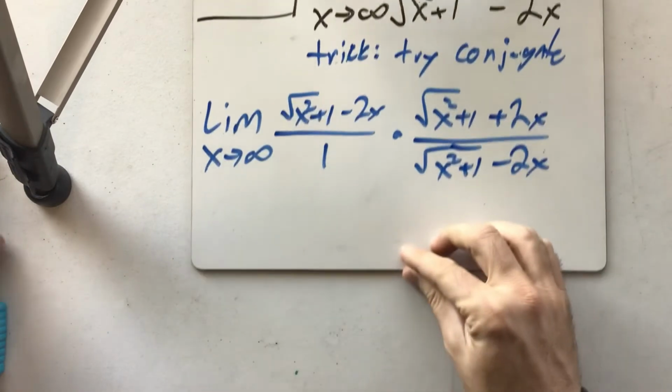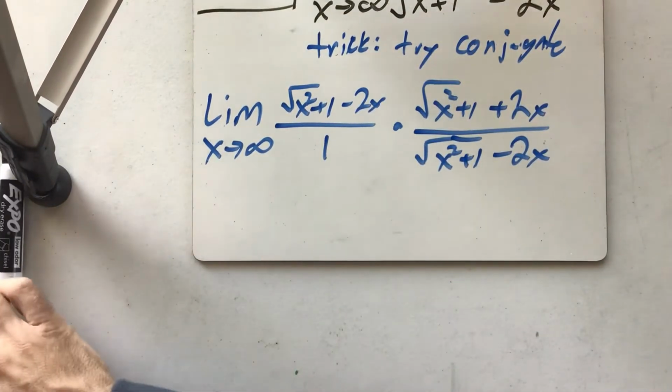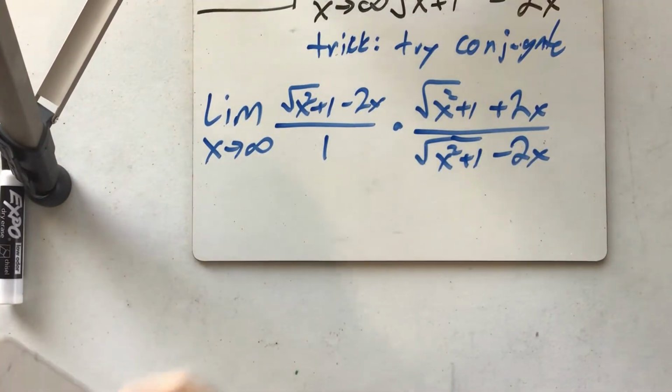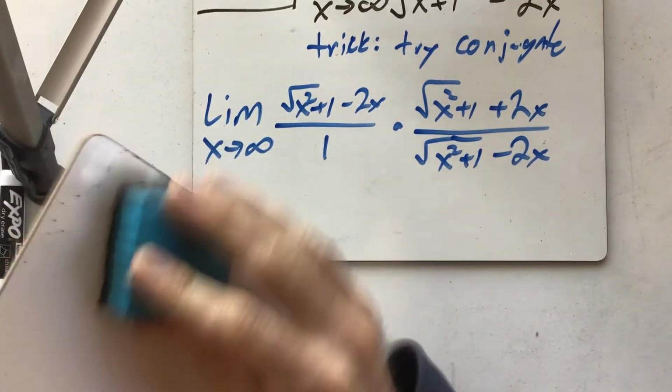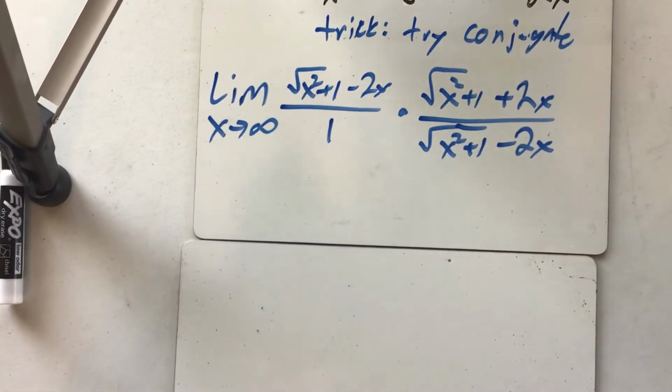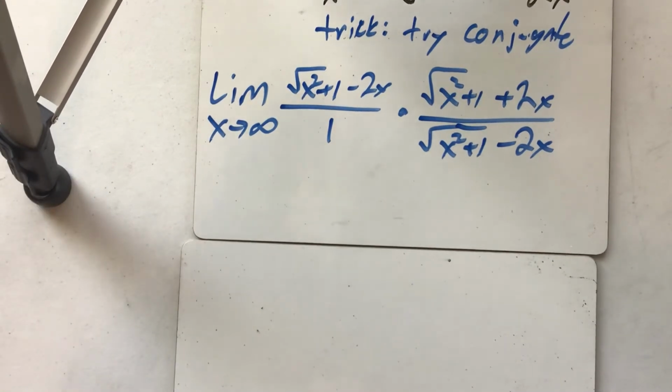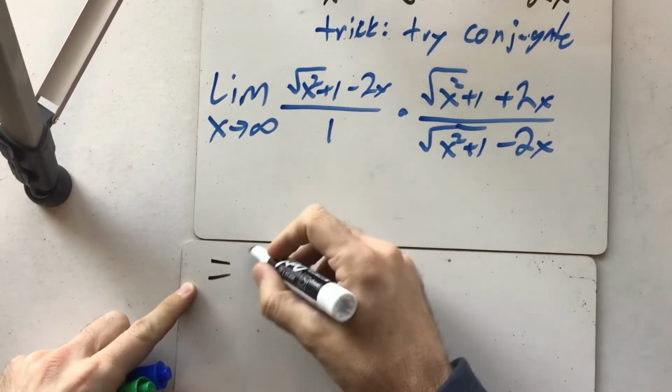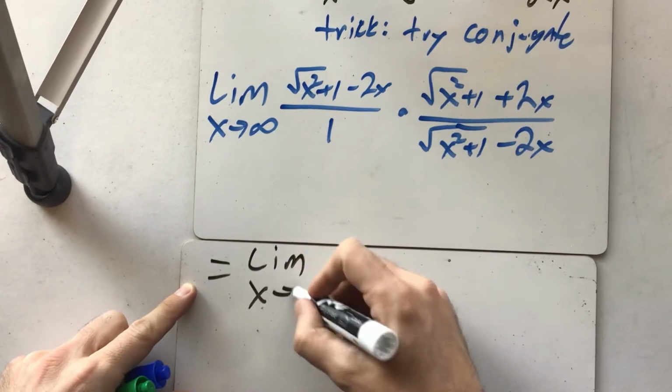Now let's simplify all of that out, and I'm going to go kind of quick here. Again, this is not the focus of what we're doing right now, but I want you to see these to know that these problems exist and that you're capable of solving them. So this one becomes the limit as x goes to infinity.